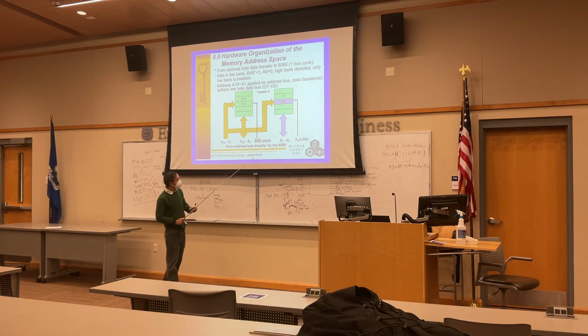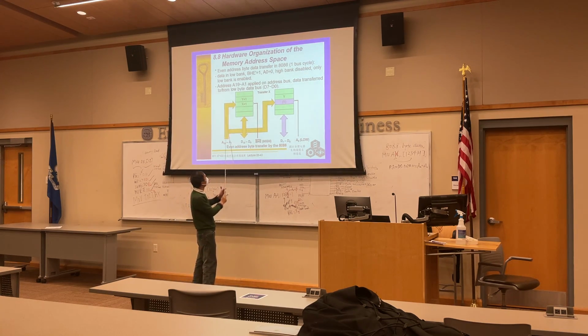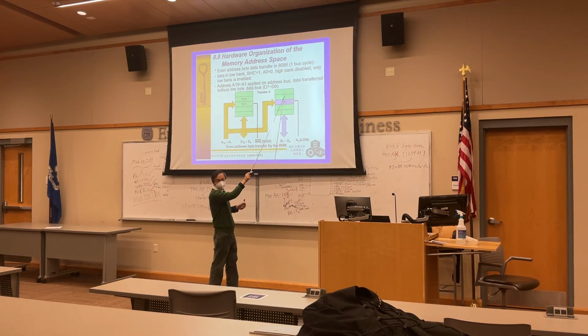So we first calculate the physical address, DS:1234H, and broadcast it to A19 to A0. A19 to A1 enable both banks, but then A0 enables only this one.